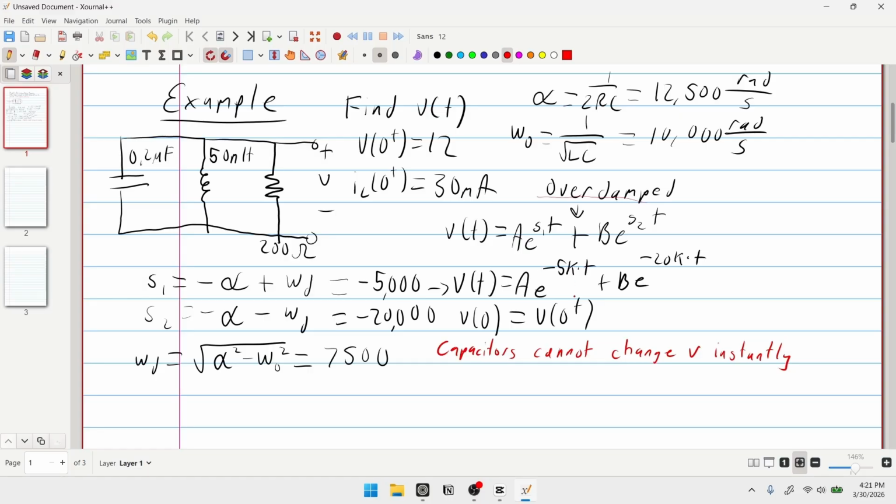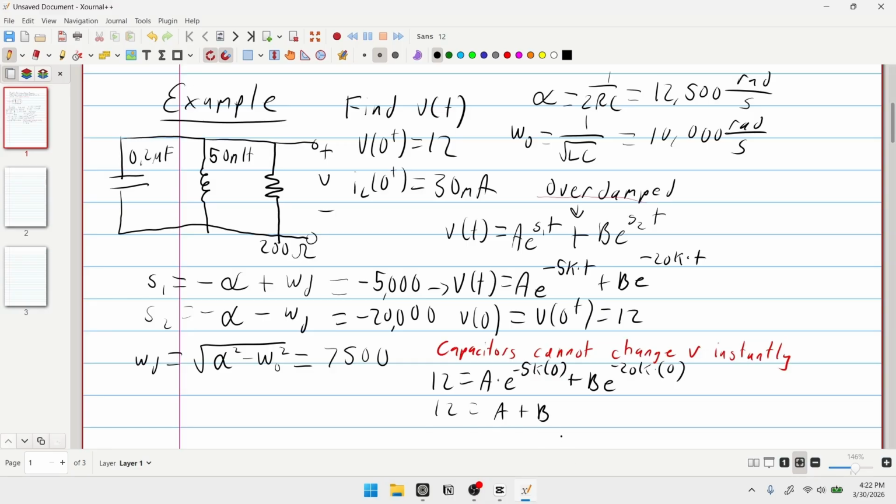So that means this is equal to 12. So we bring it into our form equation. We have that 12 equals A times e to the negative 5k times 0, because we're inputting 0 for t, plus B e to the negative 20k times 0. And that just simplifies to 12 equals A plus B, all right? So that's our first equation.